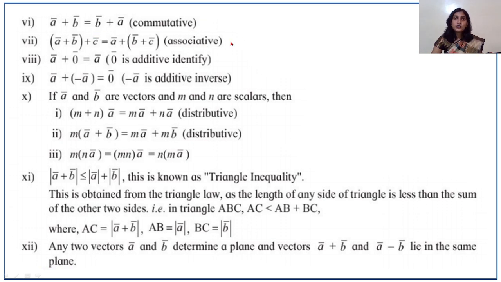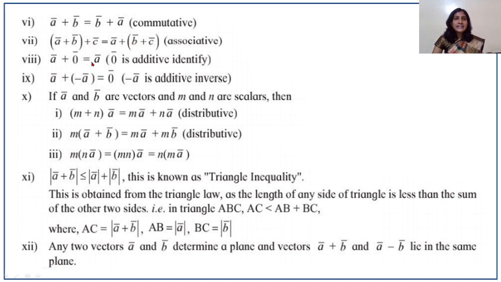Then the associative property. A bar plus B bar plus C bar is equal to A bar plus B bar plus C bar; here only the bracket changes. Whether we add A bar plus B bar first or B bar plus C bar first, nothing changes. The values of LHS and RHS will be equal.